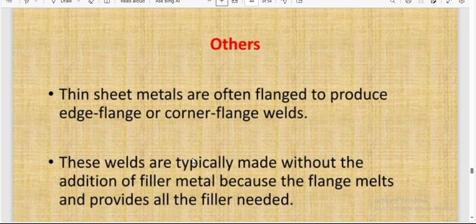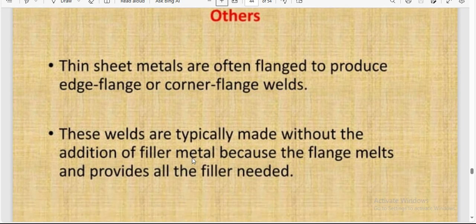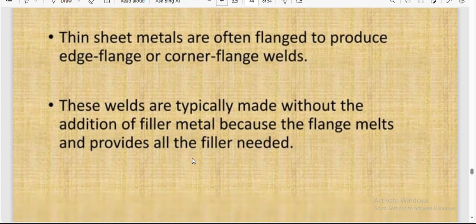Other thin sheet metals are often flanged to produce edge flange or corner flange welds. These welds are typically made without the addition of filler metal because the flange metals provide all the filler needed.